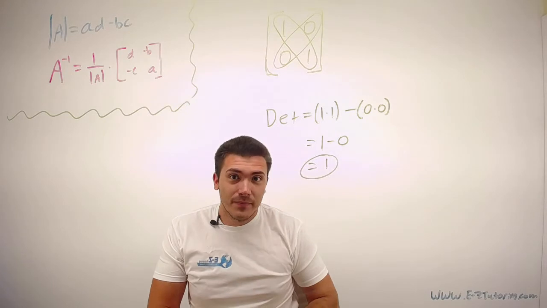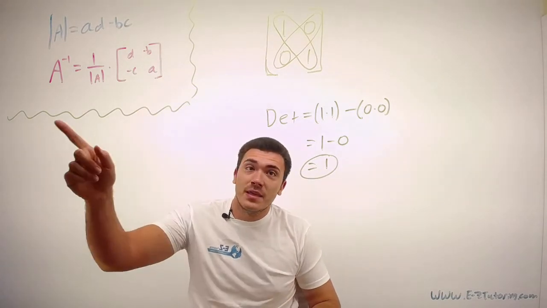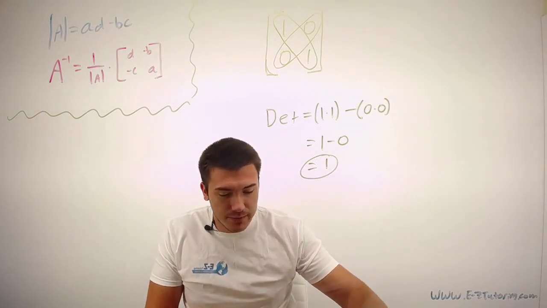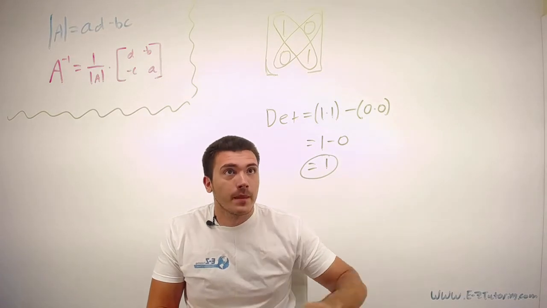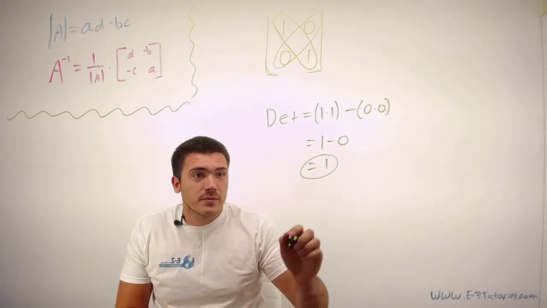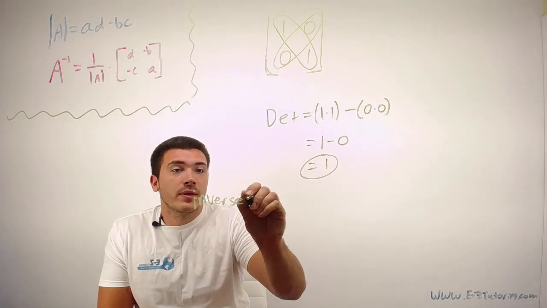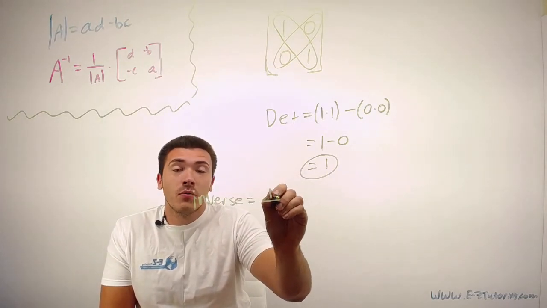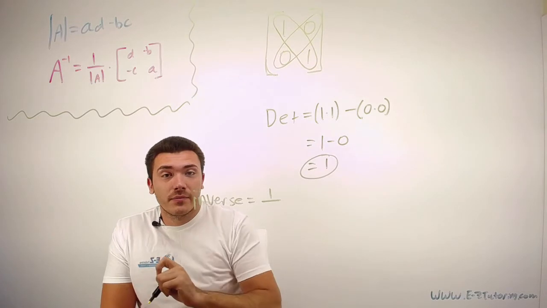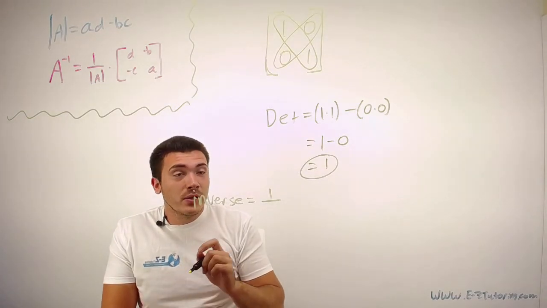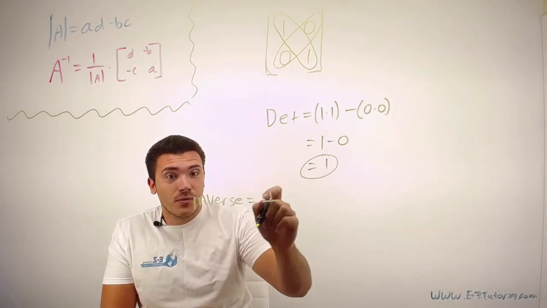Pretty easy, right? Now let's go ahead and find the inverse of that exact matrix. So the inverse, we know it is 1 over the determinant of that matrix. And we know that the determinant is 1.